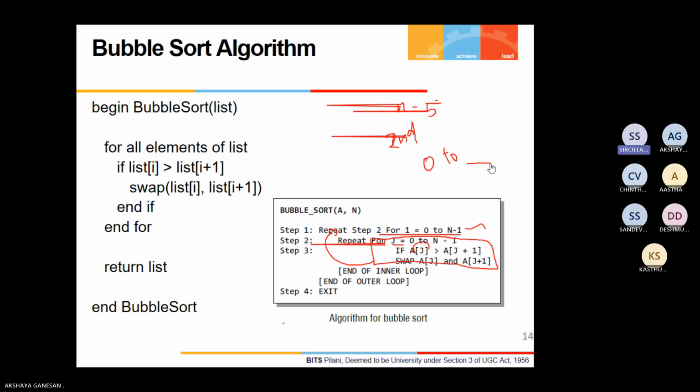So the fourth will be the last index: 0, 1, 2, 3, 4. This will be the number of indexes, right?